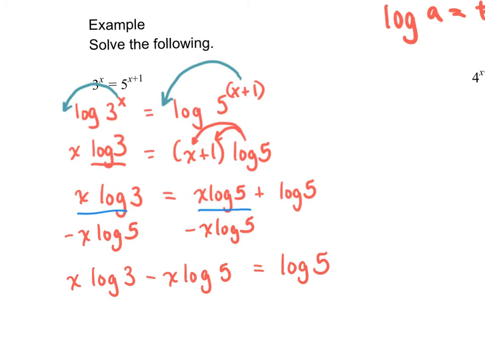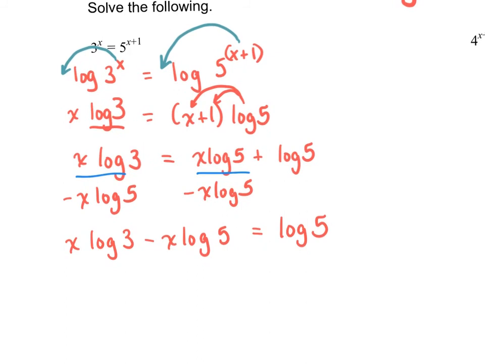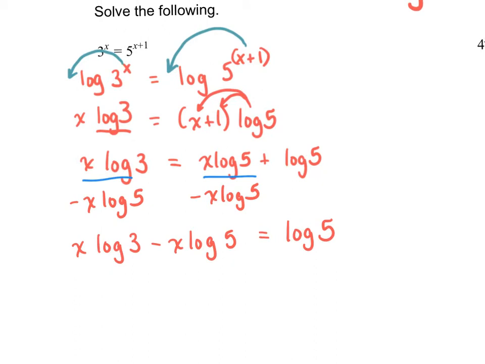These properties allowed us to get these exponents out of the exponent. Now, the next step is to factor an x out. These both have an x, so I can factor it out. So I have x times log of 3 minus log of 5 equals log of 5.